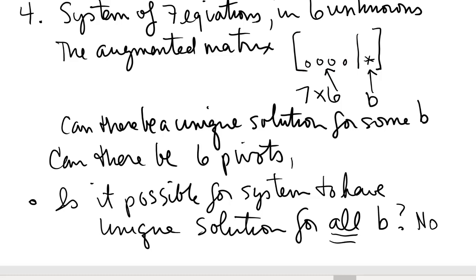So it's the same as asking, do the columns of this matrix span all of R7? And they don't. Not only that, they can't span all of R7, because R7 has a standard basis with 7 vectors in it. Any spanning set for R7 must contain 7 vectors. So the answer is no, there can't be a unique solution for all possible b, but it is possible for some sets of constants.